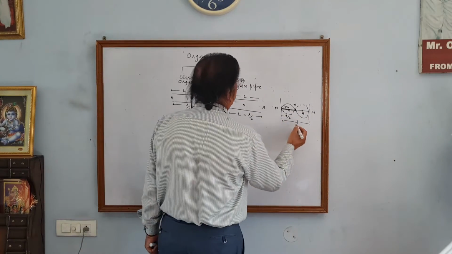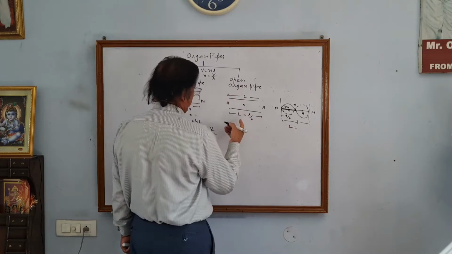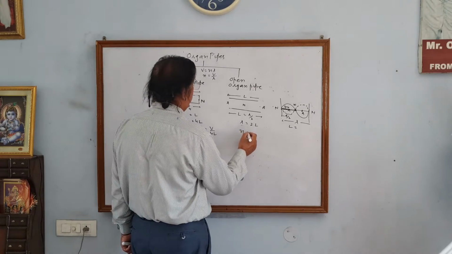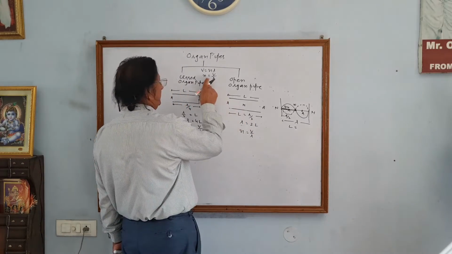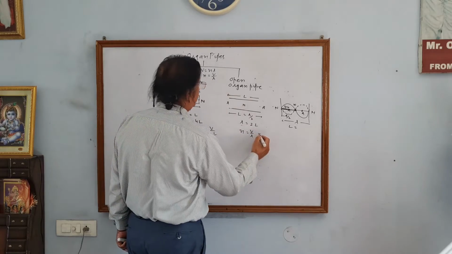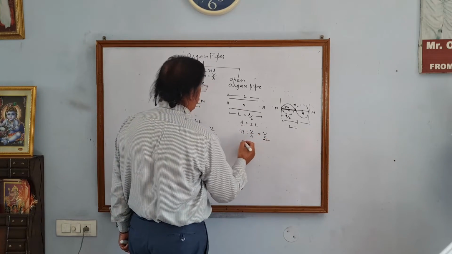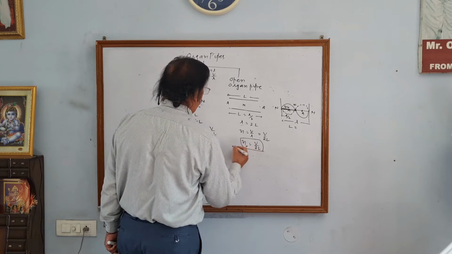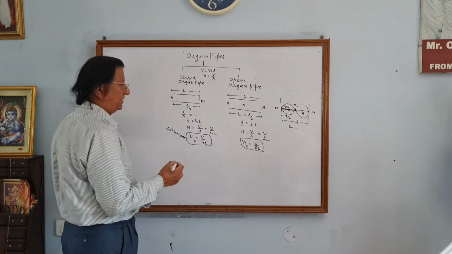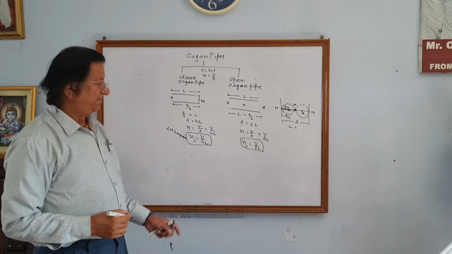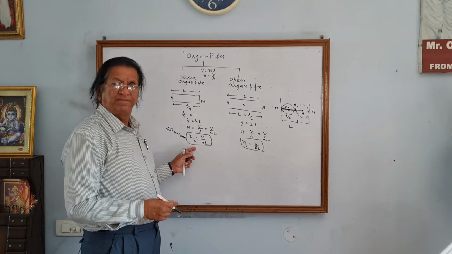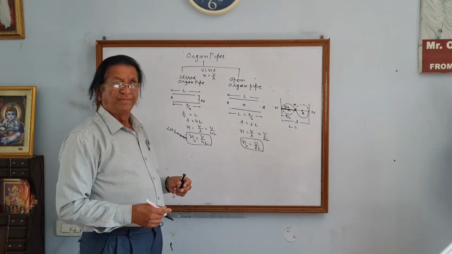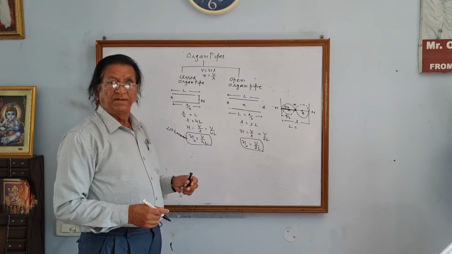So here L is equal to lambda by 2, and lambda is equal to 2L, and the frequency is given by v by lambda from this relation. Here lambda is 2L. So here the fundamental frequency in open organ pipe and in closed organ pipe, how are they related to each other? The minimum frequency in case of closed organ pipe and the minimum frequency in case of open organ pipe are not the same.